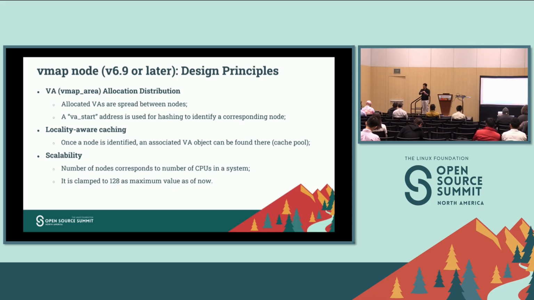So no matter which CPU in which NUMA node, you will get this VA object from the same vmap node, which achieves, like I mentioned, locality aware caching. Did I answer your question?